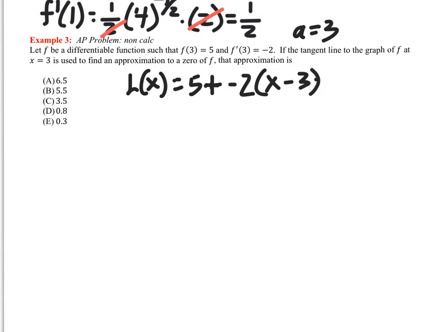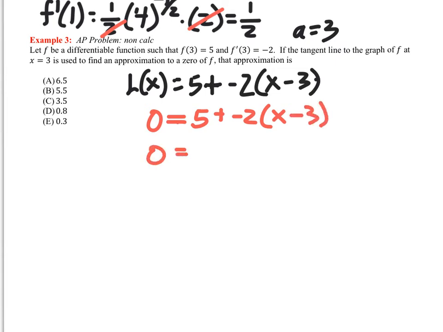Okay, so we just need to determine x then. We want an x such that we approximate a 0. So we want this function to cross the x-axis, which means we want y to equal 0. I don't know why I keep putting plus a negative there, but we'll fix that in a moment.